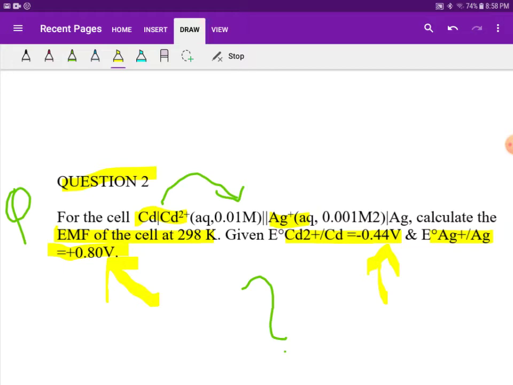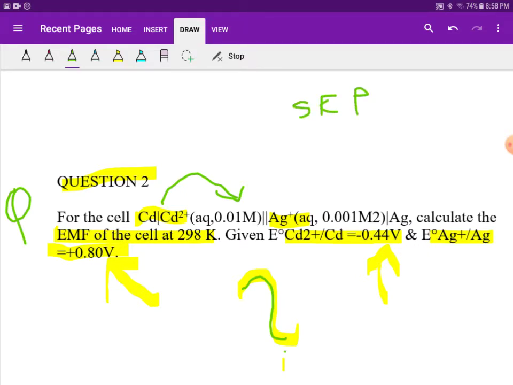Okay, it involves 3 different steps. That means by applying the Nernst equation, you have to calculate separately the single electrode potential of anode and cathode.